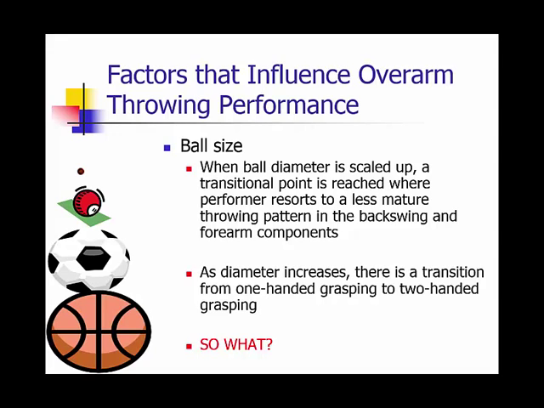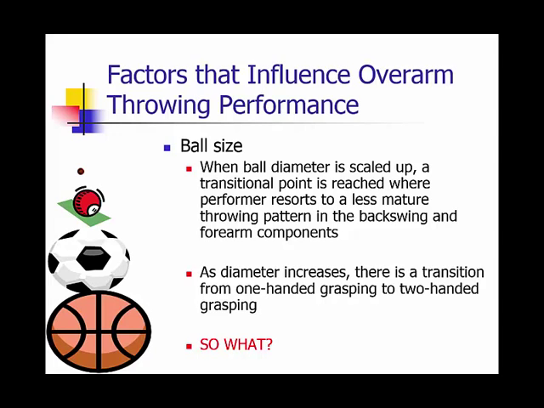Obviously, the research, as you might suspect, suggests that when the ball size is scaled up, it reaches a point, or a tipping point, where the performer resorts to a less mature pattern. So we know that research has shown us that as the diameter of the ball increases, there's a transition from throwing one-handed to two-handed grasping.